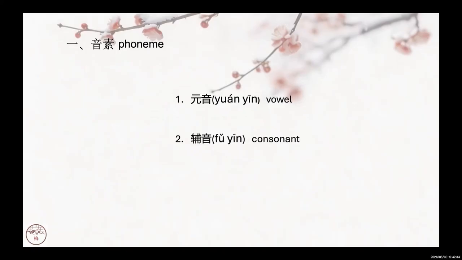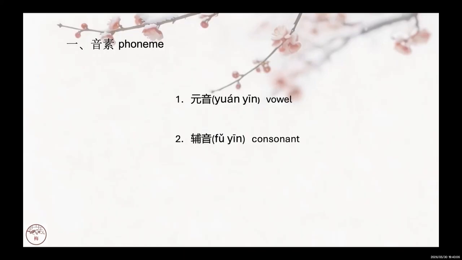So that's the very apparent difference between Chinese and the European languages. But here, about the phonemes in Chinese pronunciation, why would we also have vowels and consonants? These are concepts from English, from the Western languages.